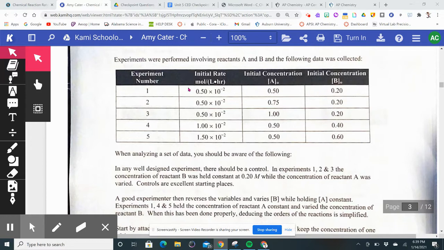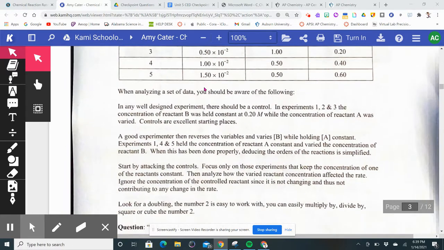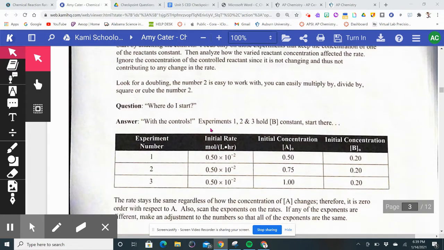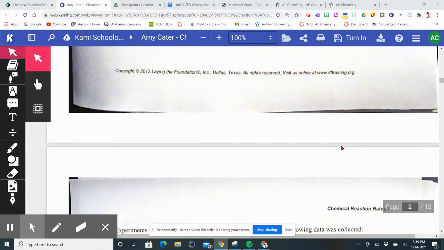So what you'll basically be doing when you're asked to do these types of problems is you will have some experimental data, and you'll have to analyze that data and choose which data points you're going to use to help you find the rate law. So where do you start? The answer is with the controls. Experiments 1, 2, and 3, you're going to hold B constant, and that's where you'll start.